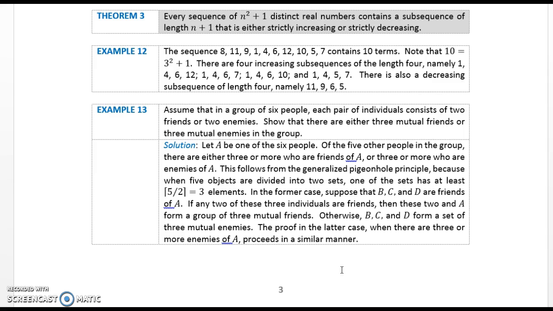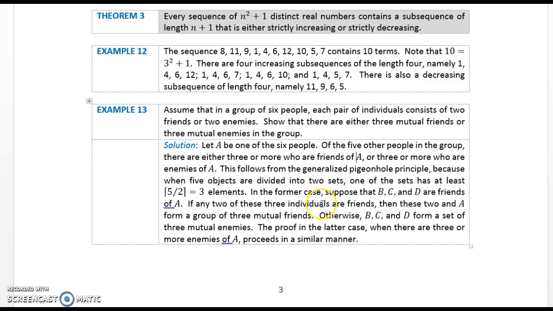Of the 5 other people in the group, there are either 3 or more who are friends of A, or 3 or more who are enemies of A. This follows from the generalized pigeonhole principle because when 5 objects are divided into 2 sets, one of the sets has at least the ceiling of 5 divided by 2, which equals 3, elements.